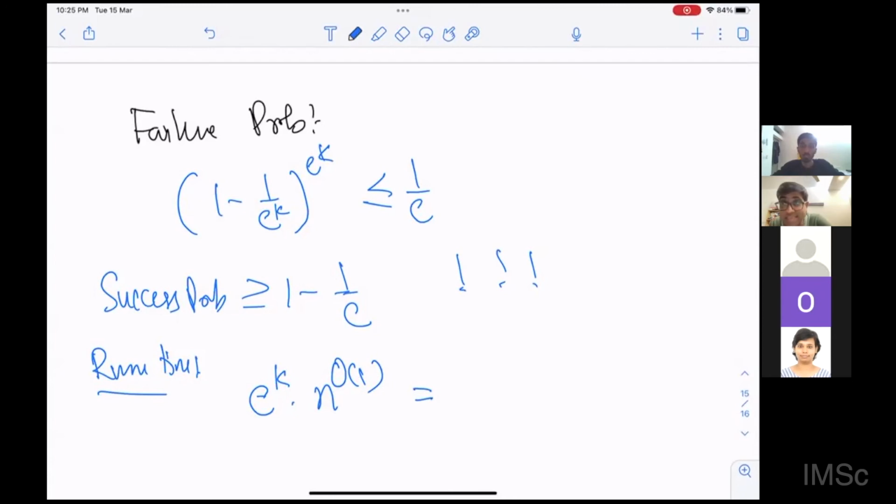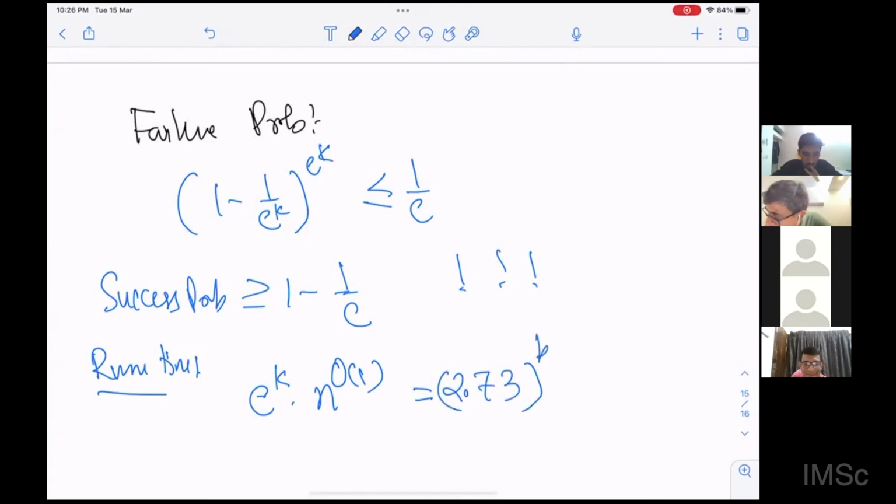What is the value of e? 2.3 something. This is just the base of the exponent. I think it should be something like 2.7. Yeah, 2.73, I think. Okay, doesn't matter, but we should know.